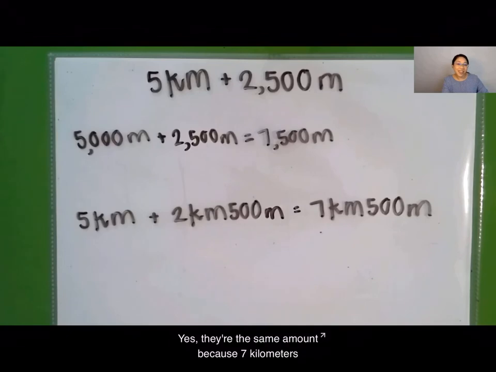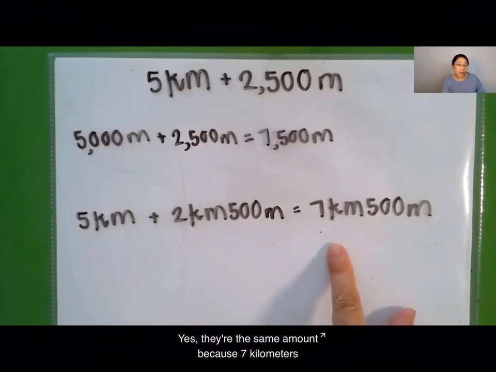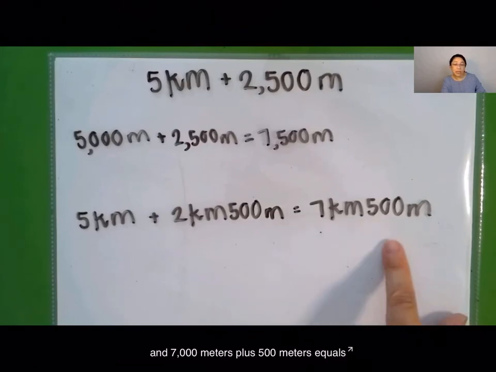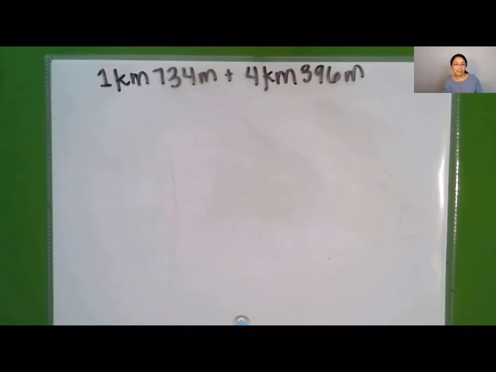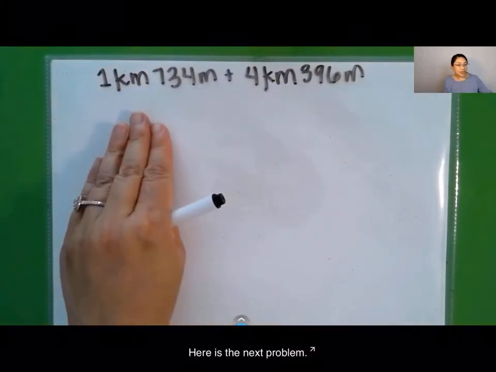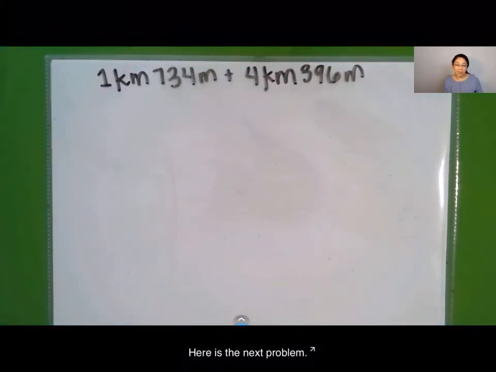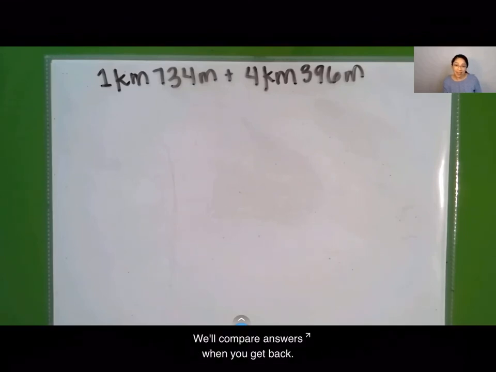Yes, they're the same amount because 7 kilometers equals 7,000 meters, and 7,000 meters plus 500 meters equals 7,500 meters. Here is the next problem. I'd like you to pause the video here to solve. We'll compare answers when you get back.